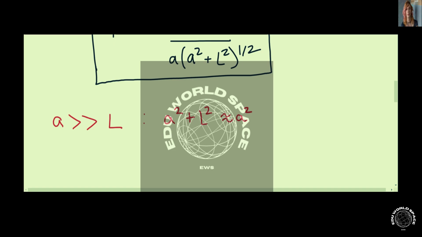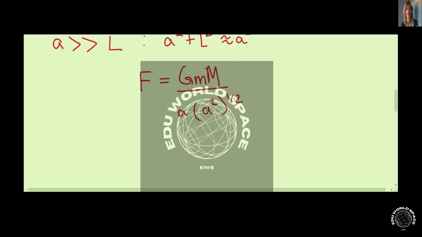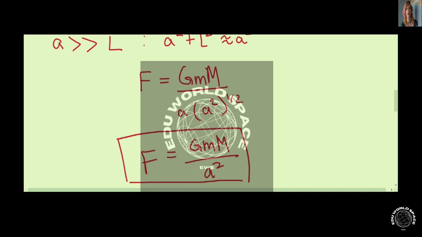And so what you get in the formula then is GMM over A times A squared to the 1/2, but that's of course just A. So A times A on the bottom gives you GMM over A squared. Okay, so that is what we expect for the force when A gets very, very large compared to L. Basically, it's just the force between two point charges a distance A away. So this is great. And that's it for this question.